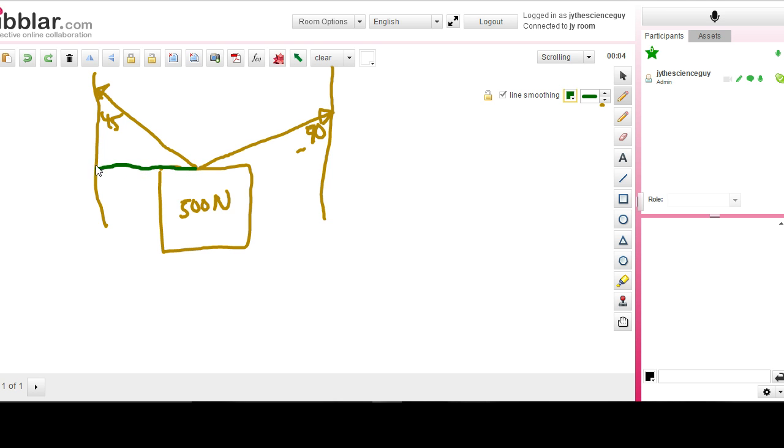So that's its i hat part, and that's its j hat part. Another way of saying this is that this is its x part and this is its y part. And if I'm going to call this vector f1, and I'm going to call this vector f2.